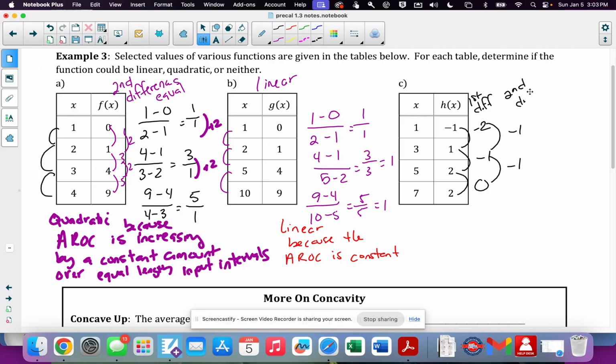So based on our second differences, right, or basically the differences in our average rate of change, which is what we'd be doing the other way, this is quadratic because, and the way we're going to write it out, the average rate of change is linear. Right? And if you actually wanted to find the rate of change to see how much it's increasing or decreasing, that would be 2 over 2, so that's 1.